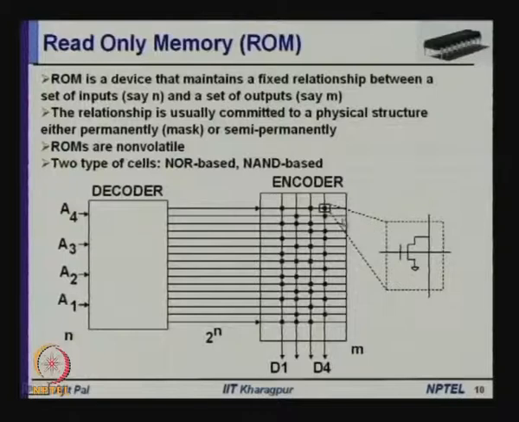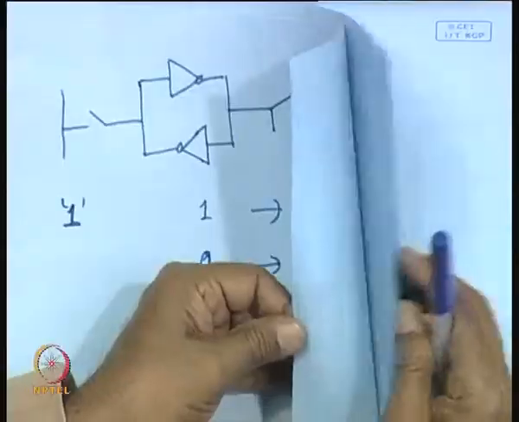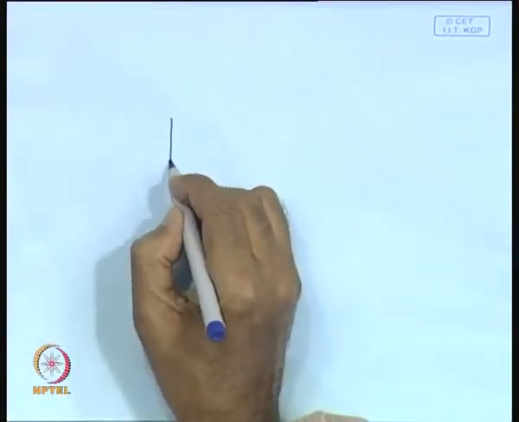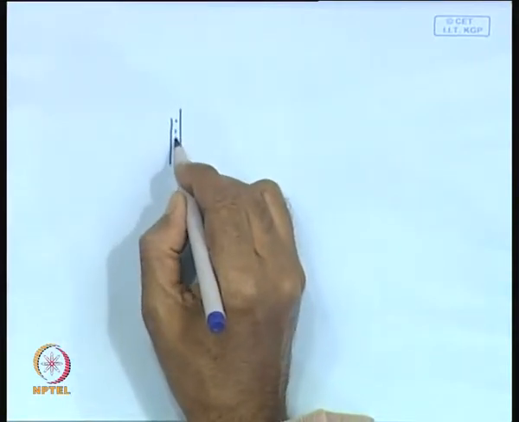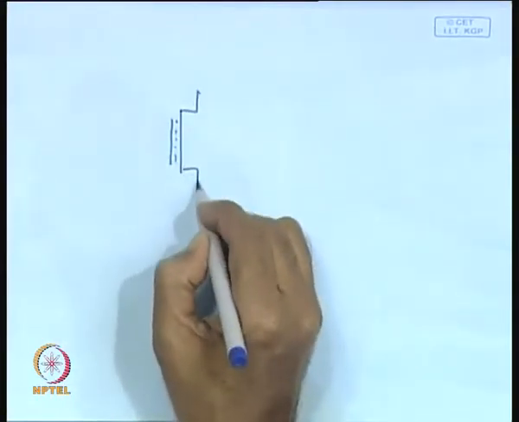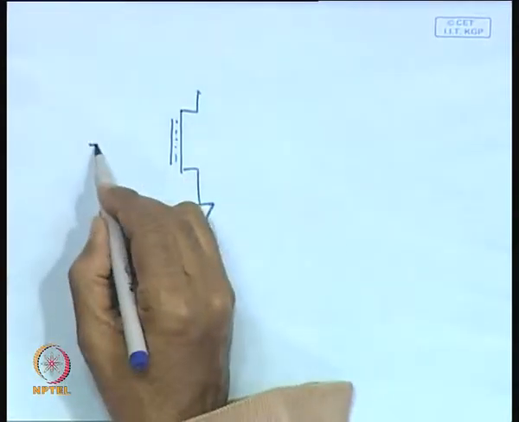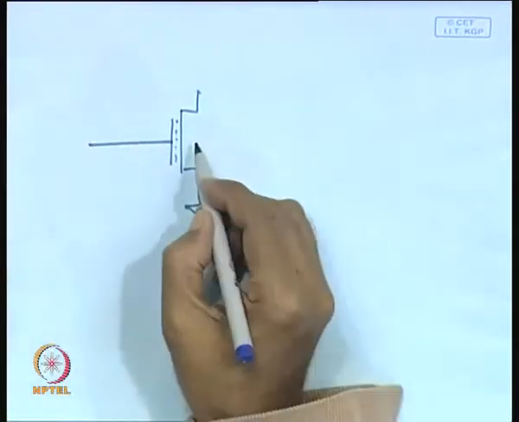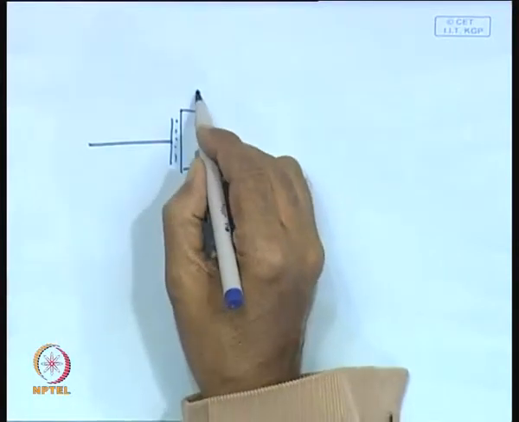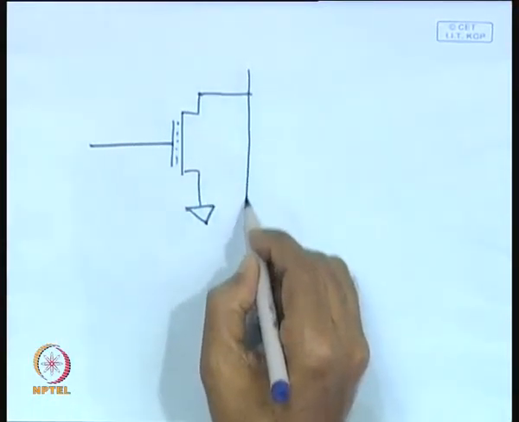So, here is an example of how the information is stored here. Information is stored in a special type of MOS transistor. So, you have got a MOS transistor where information is stored. So, this side is ground, this is coming from the decoder, and this is connected to the encoder line.